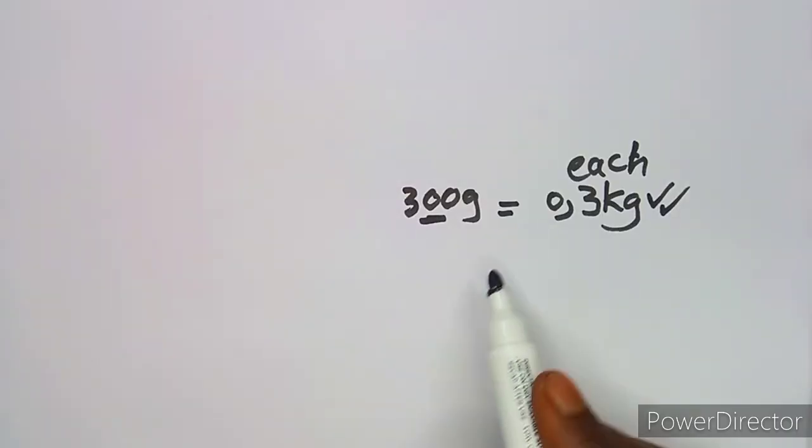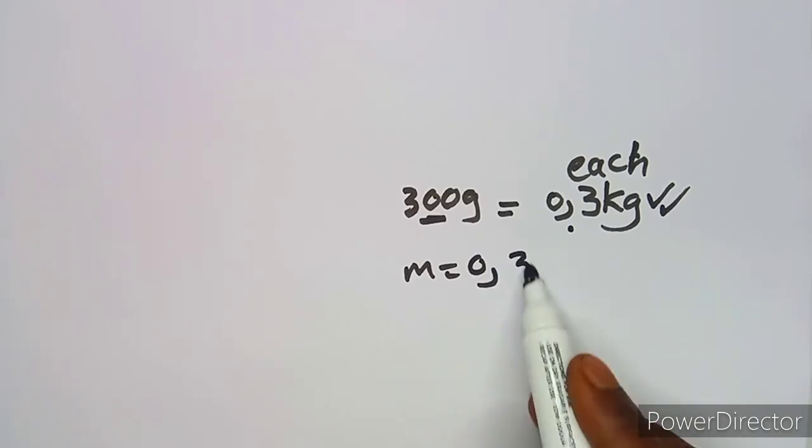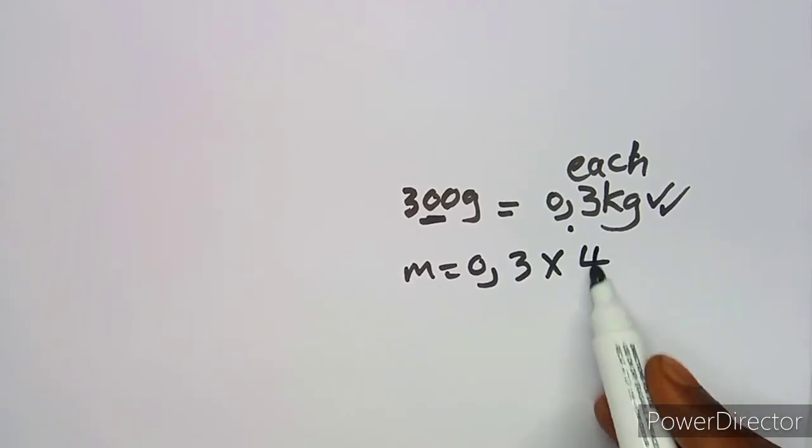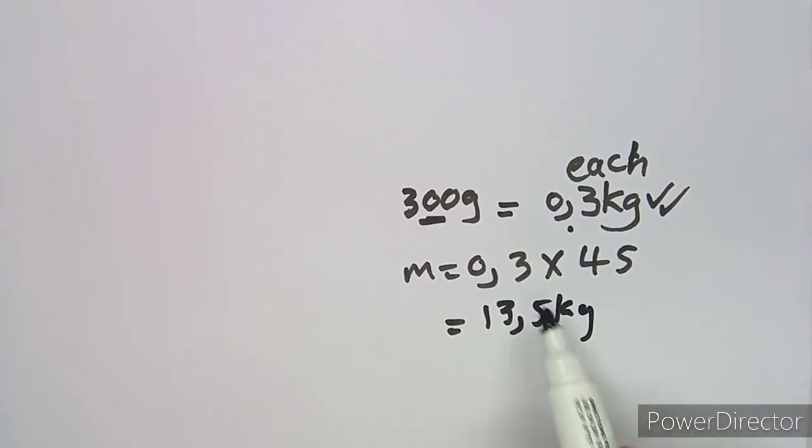Which means our mass is going to be the mass of each steel shaft times how many of them. They are 45 in number, so you multiply by 45 steel shafts. If you multiply properly, 0.3 times 45, you obtain 13.5, which is in kgs, because we converted to kgs.